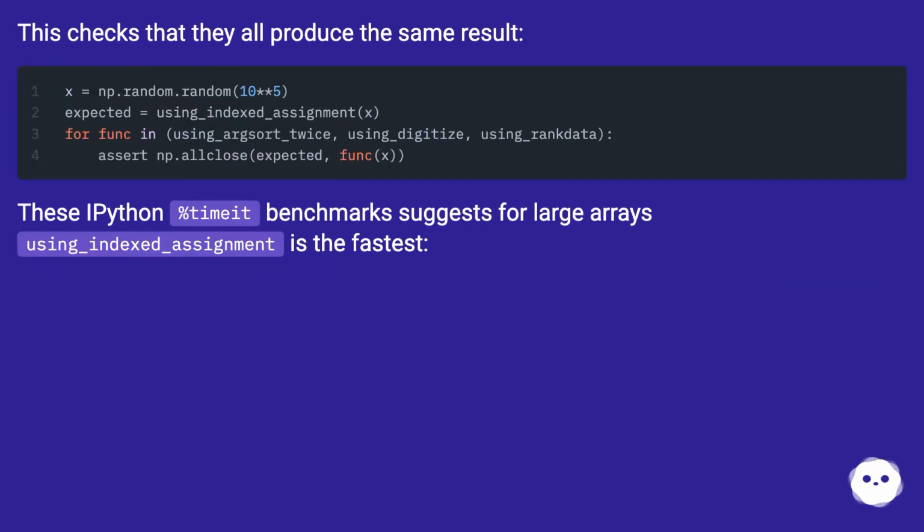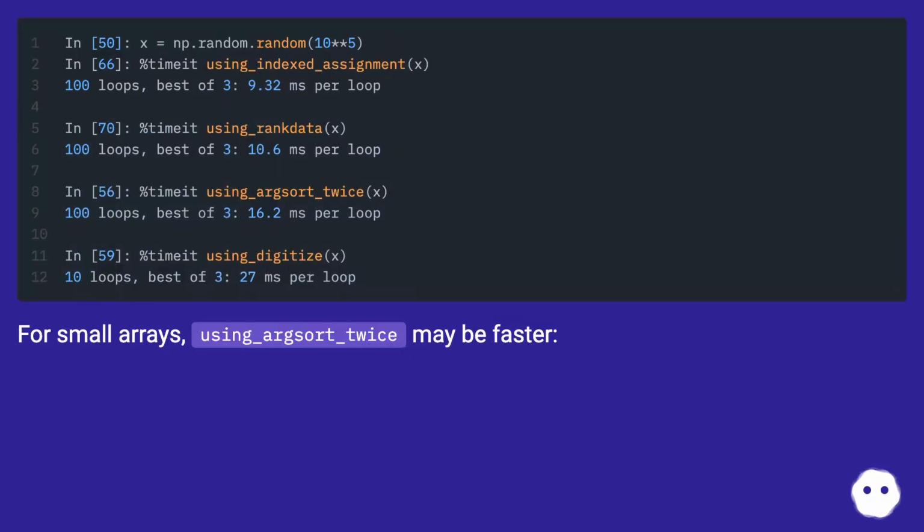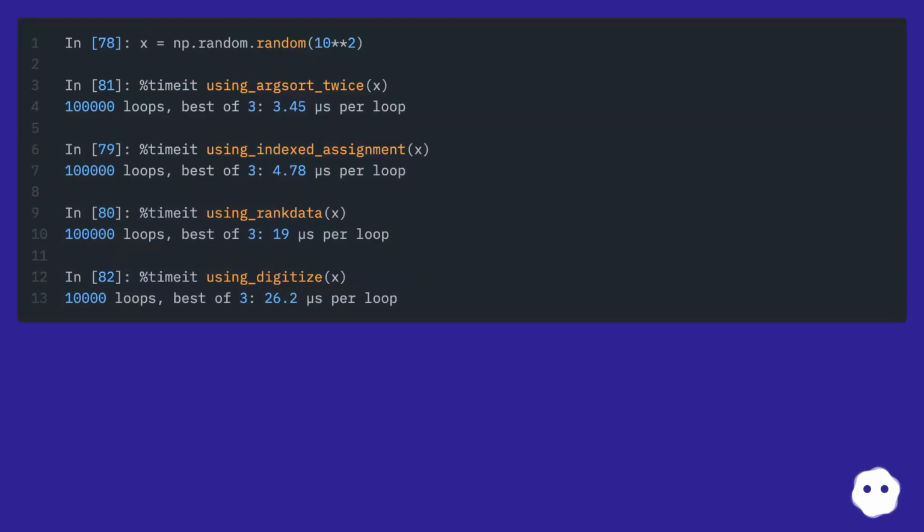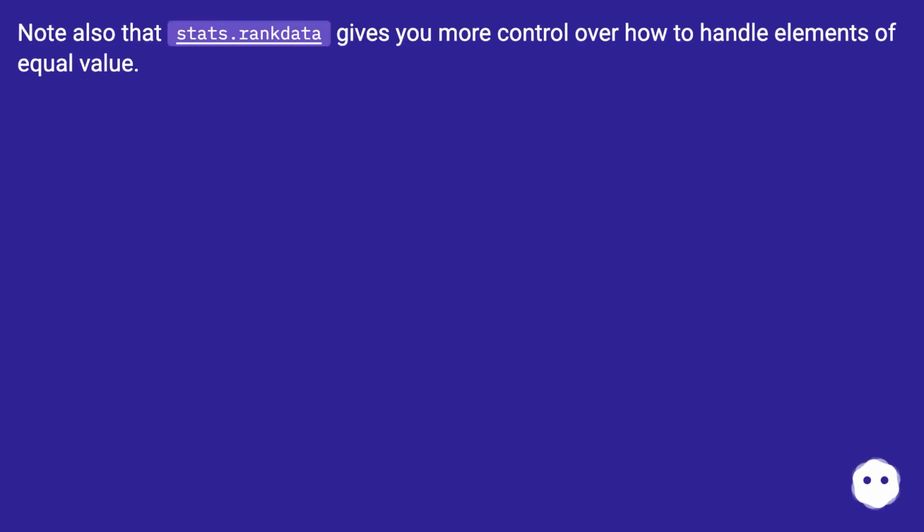These IPython %timeit benchmarks suggest for large arrays using index assignment is the fastest. For small arrays, using argsort twice may be faster. Note also that stats.rankdata gives you more control over how to handle elements of equal value.